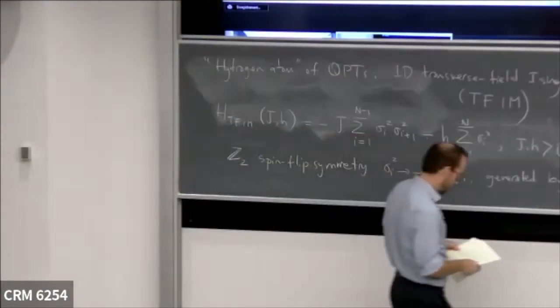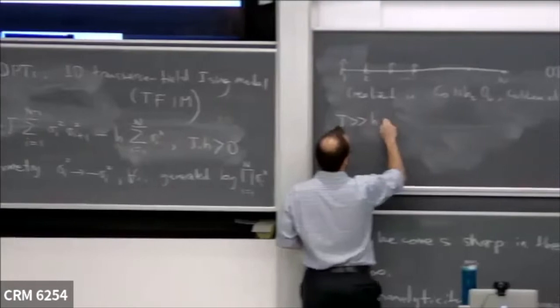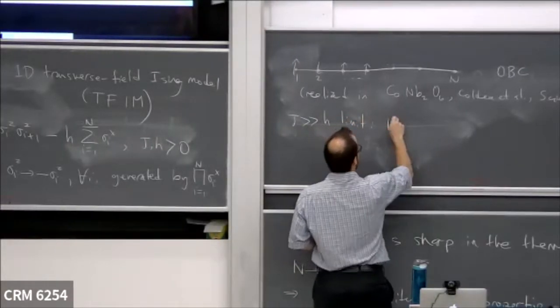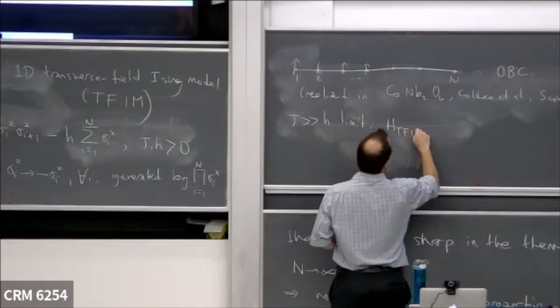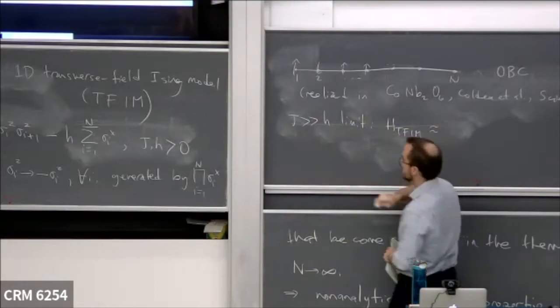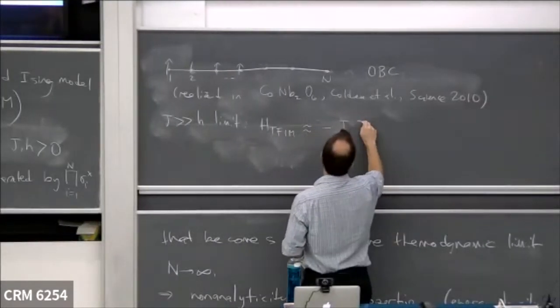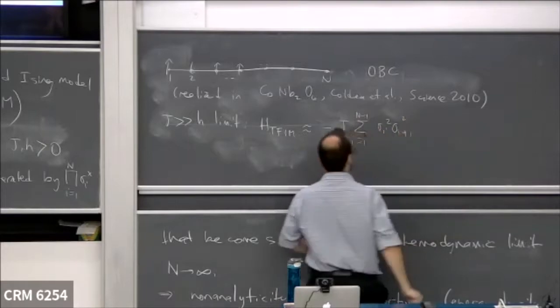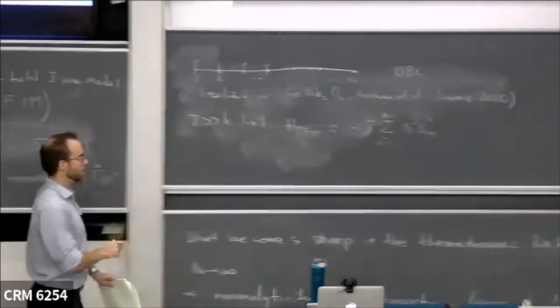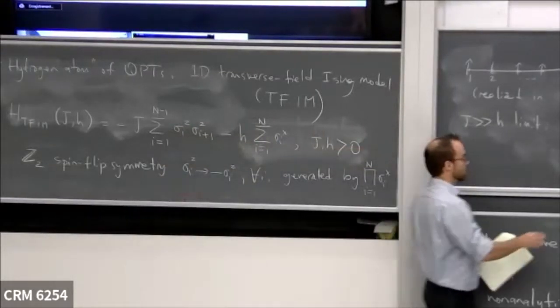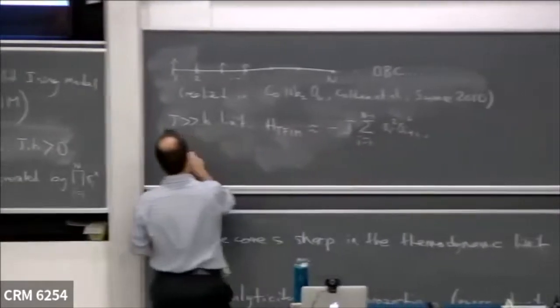So we'll look first at the limit that J is much greater than H. In this case, in our Hamiltonian, we can drop this transverse field, and we have a sum of these bond interactions. So we reduce to the classical 1D Ising model, and so we know what happens in this case.